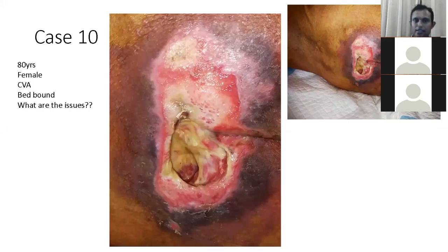Otherwise, if it's healing, what I wanted to tell you is that this kind of wound, the dressing should be very simple and practical. You can't see these people whenever they need a dressing.